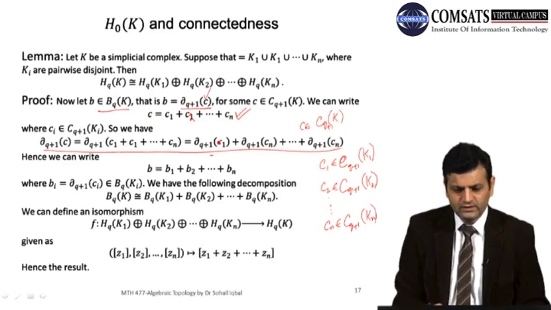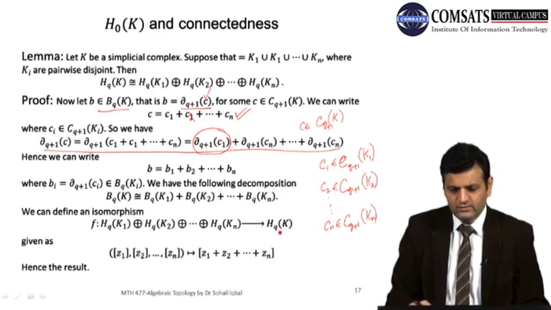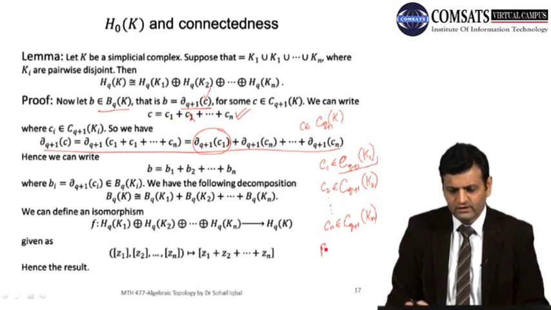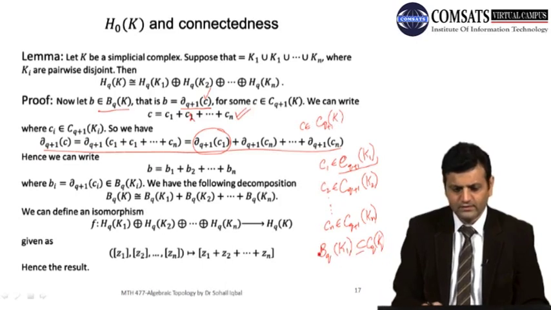Okay, and now this element is basically the image of an element of CQ plus 1 K, because C1 belongs to CQ plus 1 of K1, and so this boundary operator when applied on C1 will give me an element of BQ of K1, which is of course contained in CQ K1. Okay, so in this way, let's say this is equal to B1, this is equal to B2, up to Bn.